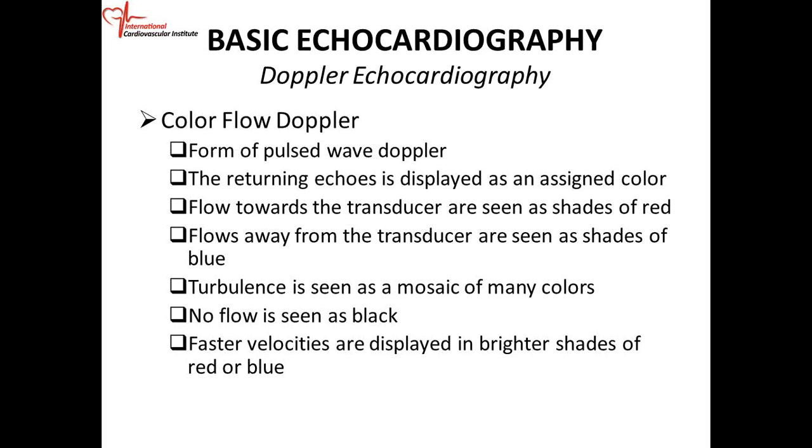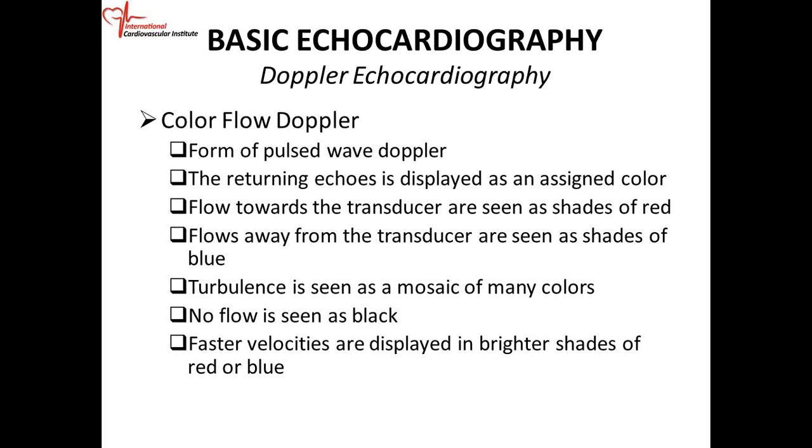However, when you get turbulence, you'll get turbulence in any high velocity or high flow scenario. It is seen as a mosaic of many colors, a mixture of the colors. Remember, if your ultrasound beam is perpendicular to the moving red blood cells, the Doppler shift is 0.